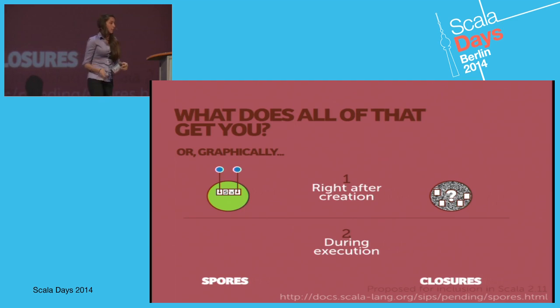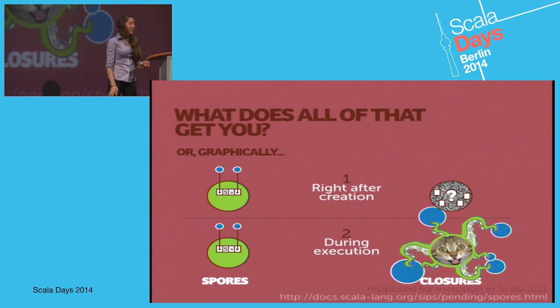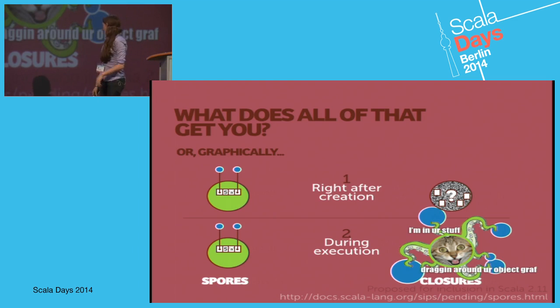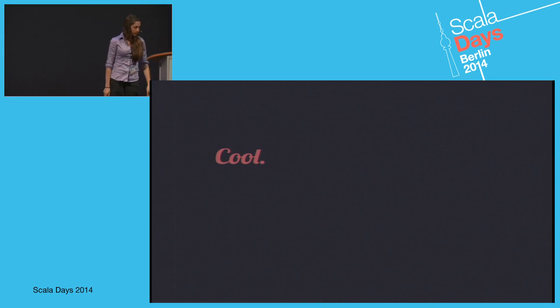Things can change, because all you know is that maybe you have a this reference or something, but over time different references might appear that you might be capturing. Your environment changes, right? So spores are always the same, whereas otherwise you have this crazy mess that drags around your object graph in ways that you don't necessarily expect, and this is a problem.